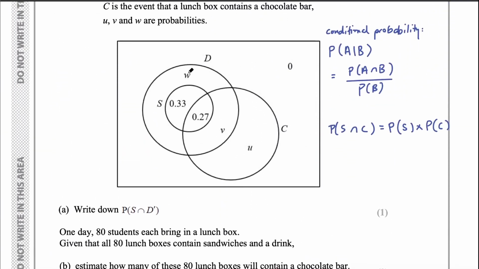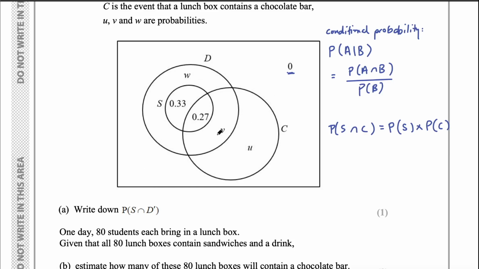And now let's go back to the Venn diagram. We had this W, V, and U in the original Venn diagram. And they also told us that there was no other probability of any other events. So outside of this, the probability of something else happening, or not a drink, sandwich, and a chocolate bar, was 0.